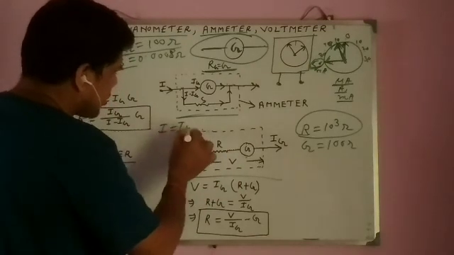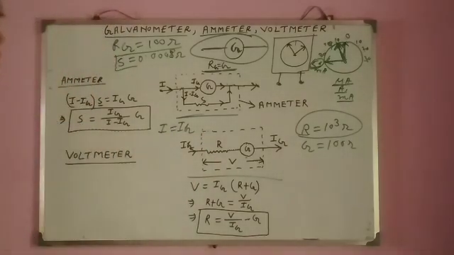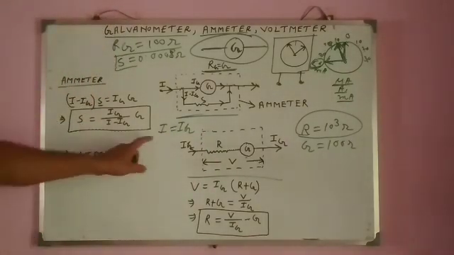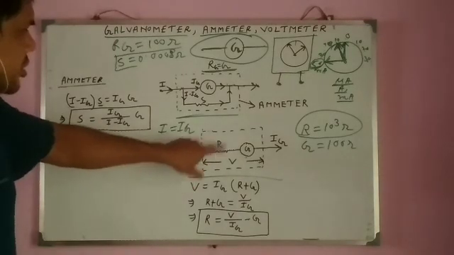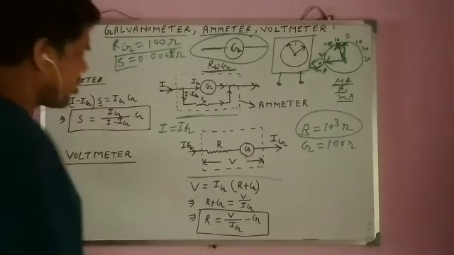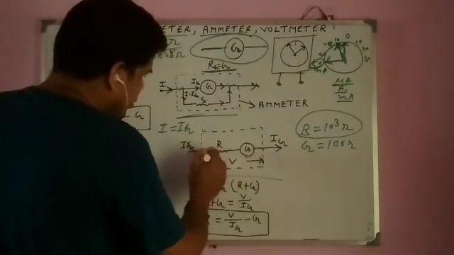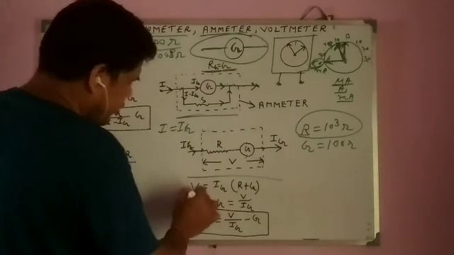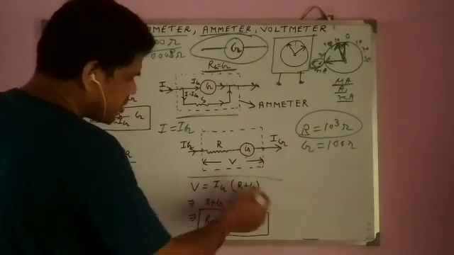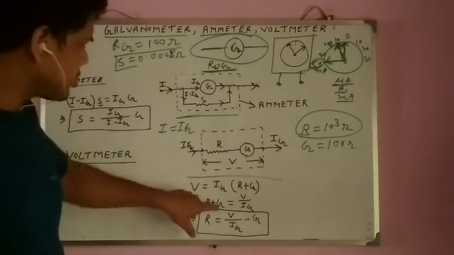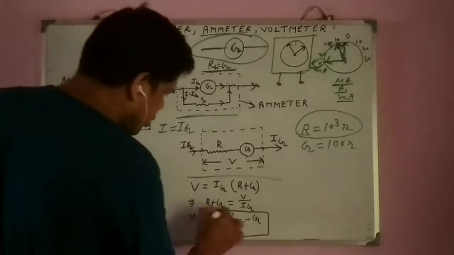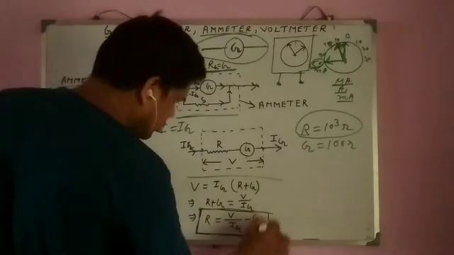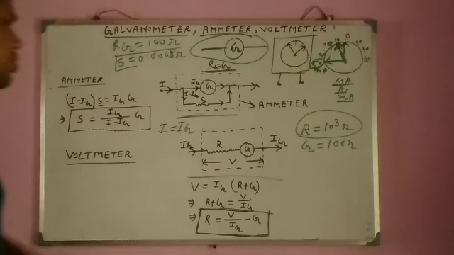It means if the current passing through the galvanometer is denoted by Ig, then I equals Ig, which is also passing through this high resistance R. Now if the potential difference between these two ends is denoted by V, then V equals Ig times (R plus G), just using Ohm's law. So R plus G equals V by Ig, so R equals V by Ig minus G. By using this formula we can find the series resistance connected to the galvanometer in a voltmeter.